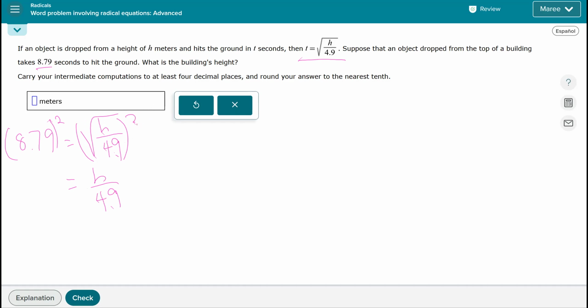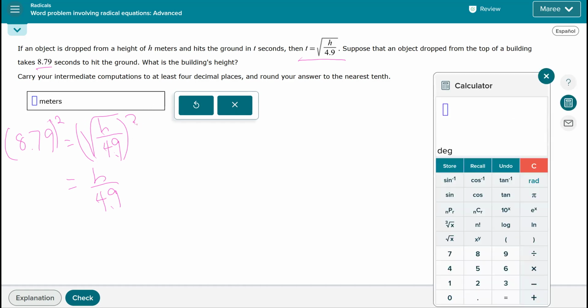So I'm actually going to use a calculator for squaring this number just to be on the safe side. 8.79. Where's my decimal? Then we want to square it. Okay, so we get that number. This big number, 77.2641. We leave that number in the calculator.